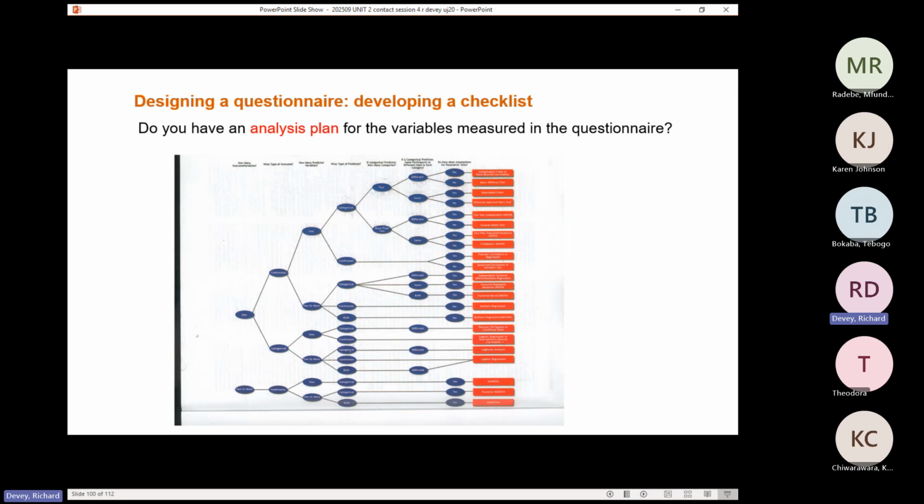And then what is the composition of those groups? And that will get us to a statistical test. Your questionnaire, or any other instrument that you're using to measure, will give you measurements for variables, which you could then put into this table to decide what kind of test you're going to be using. Okay, so I'm going to stop here.